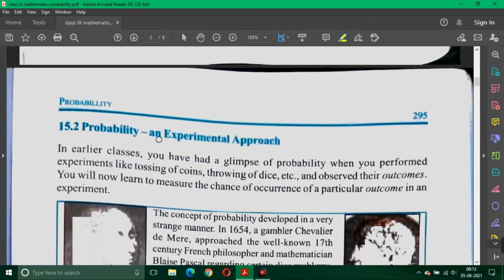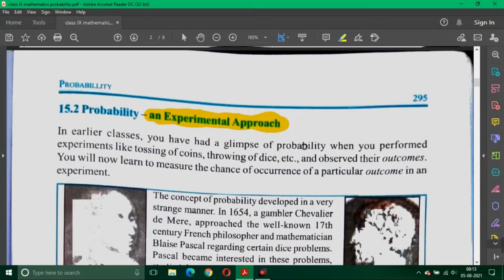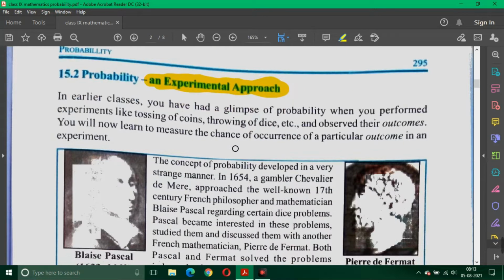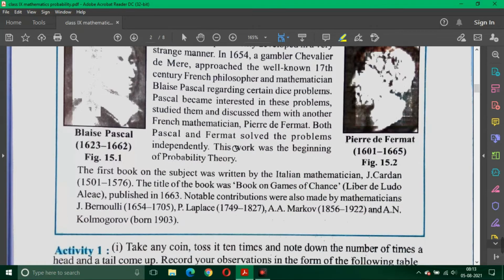experimental probability. Okay? In this particular video, we're going to learn about experimental probability as this is included in the syllabus. Now, experimental probability, as the name suggests, is based on real life examples or real life experiments actually, and not necessarily on the basis of theory.